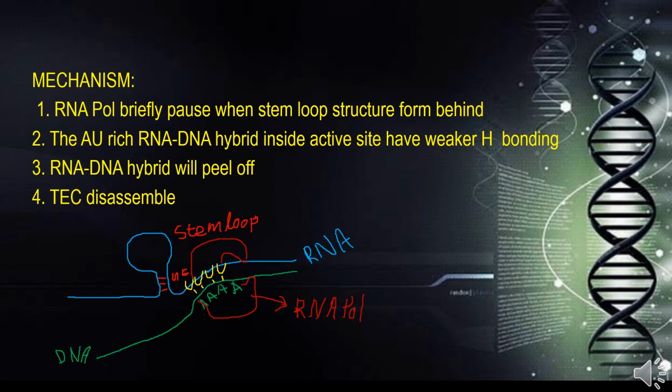So this RNA-DNA hybrid will peel off from the transcription elongation complex, and the transcription elongation complex disassembles. It leads to the termination of the transcription. In the case of intrinsic termination, the sequence specificity of the stem loop is irrelevant, but the deletion of uridines will abolish the terminator activity.